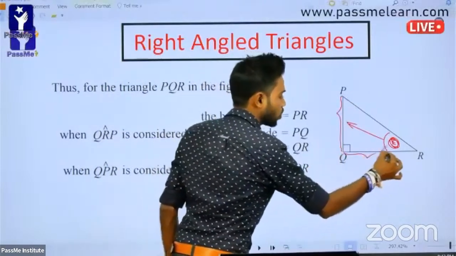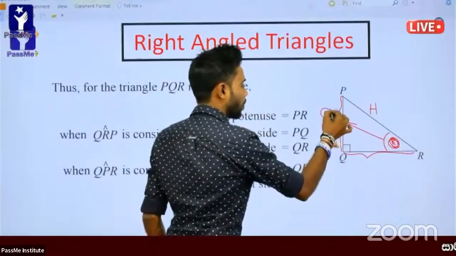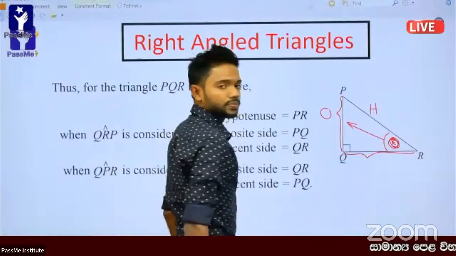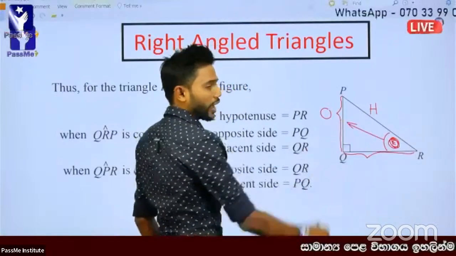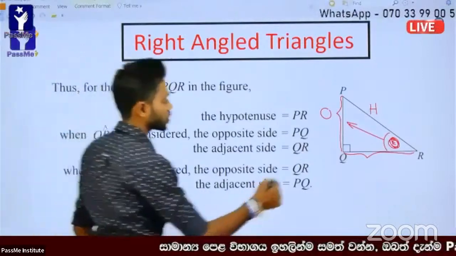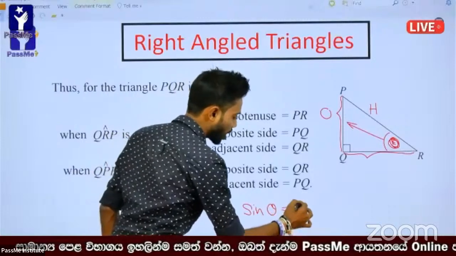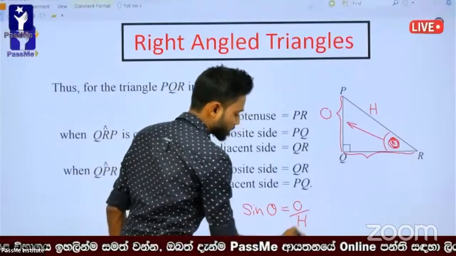This is what we call the adjacent side, and this is what we call the hypotenuse. So by combining the OH, you can have the trigonometry ratio sine. So sine theta is equal to O divided by H.